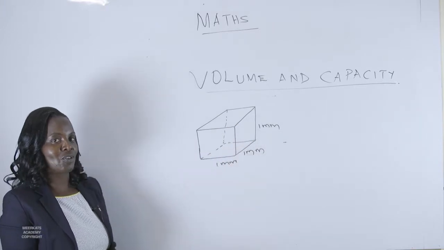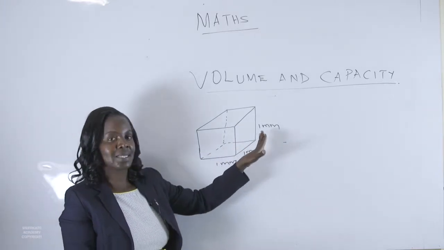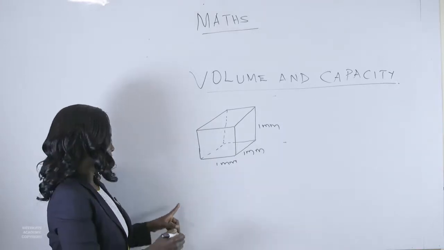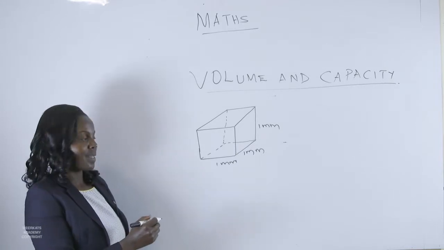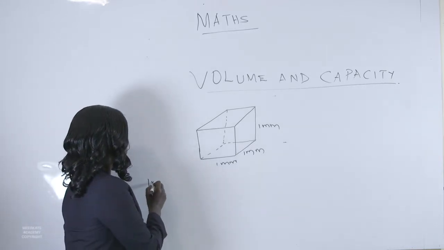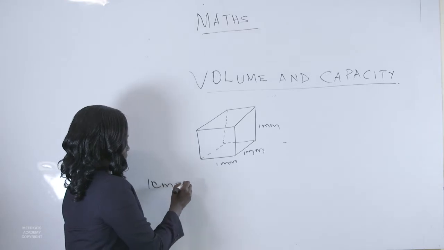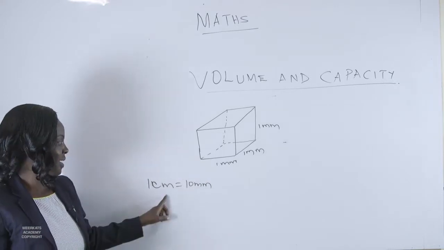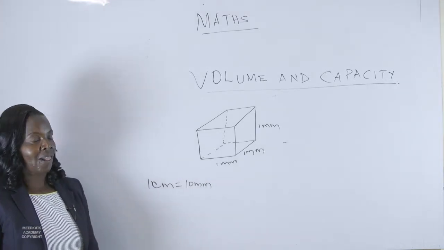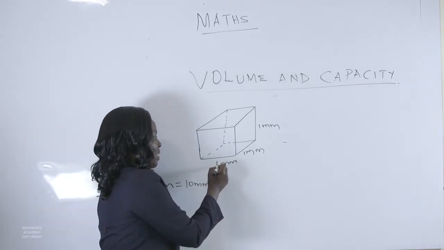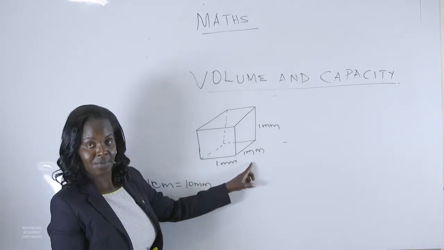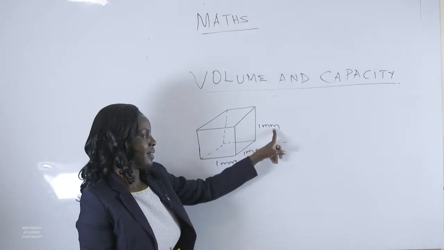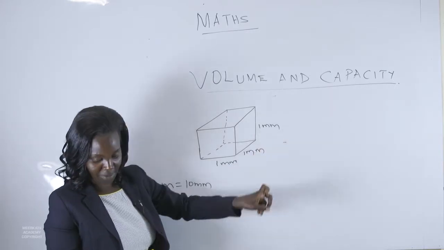This is a three-dimensional object. It has a length, base, and a height. We said in the other lesson, when we are looking at length, that 1 centimeter is equal to 10 millimeters. So we have 1 millimeter, that is the length, and the base is 1 millimeter, and the height is 1 millimeter.